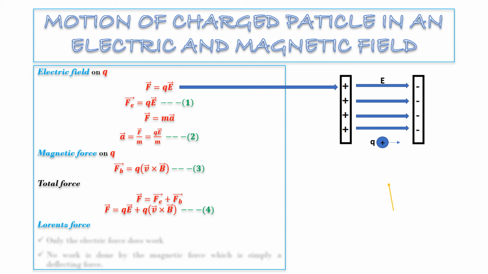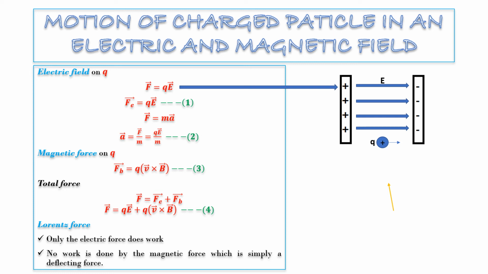According to Lorentz, only the electric force does work on the moving particle or charge. So what about the magnetic force? No work is done by the magnetic force, which is simply a deflecting force.